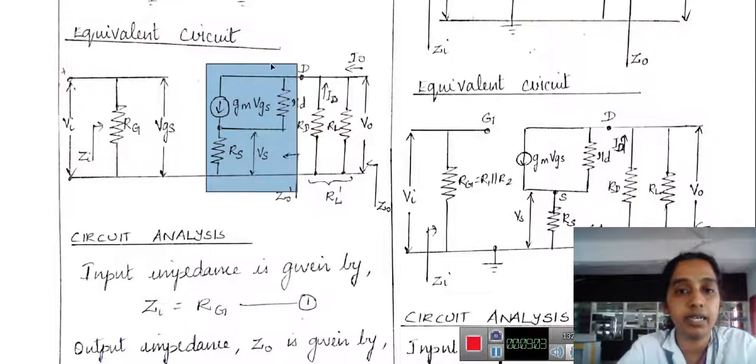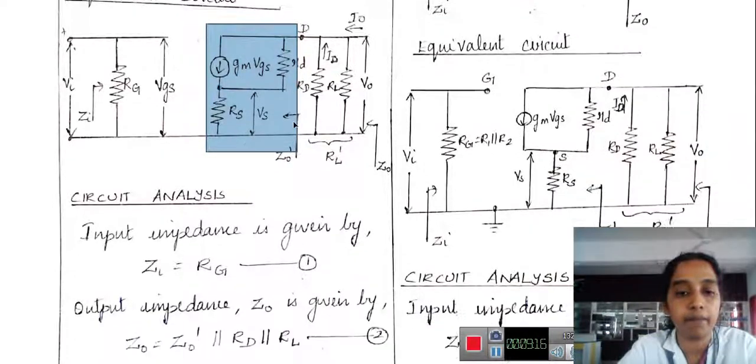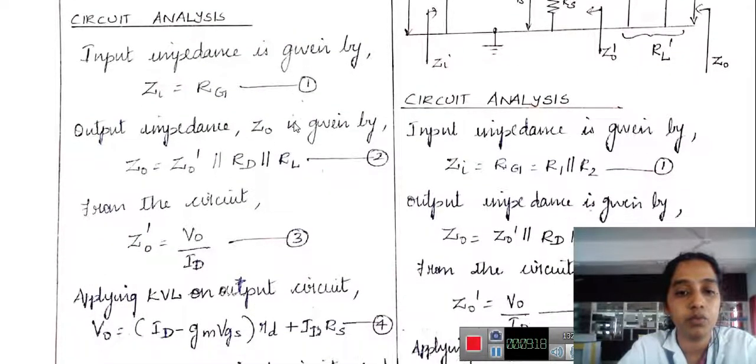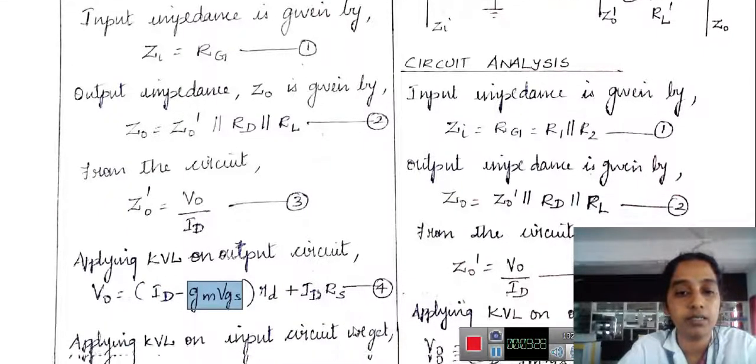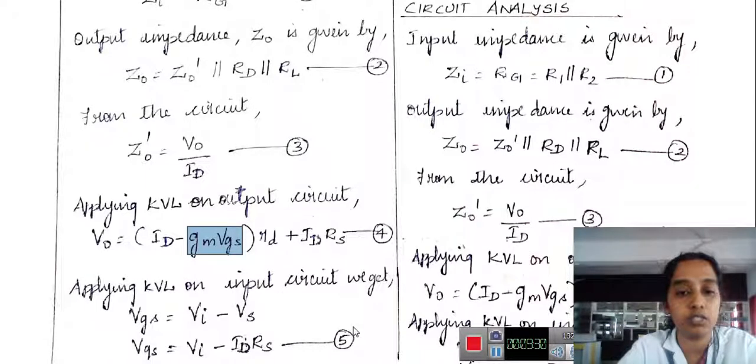Then I need to calculate the current flowing through small rd. We know the total current is Gm into VGS. So the total current ID minus the opposite branch current, Gm into VGS, into rd, plus ID into RS, gives the output voltage.